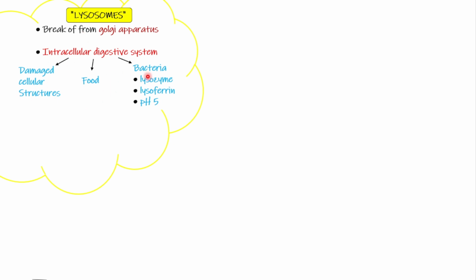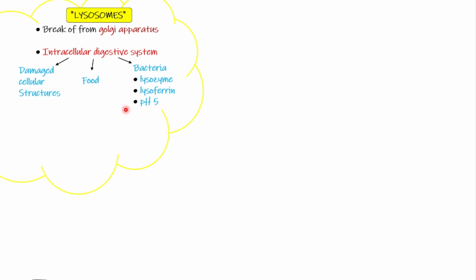These three functions are extremely important: the remodeling of the cells, the breakdown of food particles to provide energy, and the killing of foreign invaders. These are all high yield functions. So how do lysosomes kill bacteria? By lysozyme, by lactoferrin, and by maintaining an acidic environment, a pH of 5.